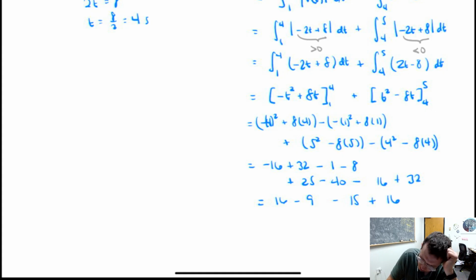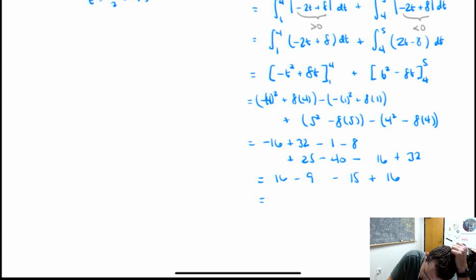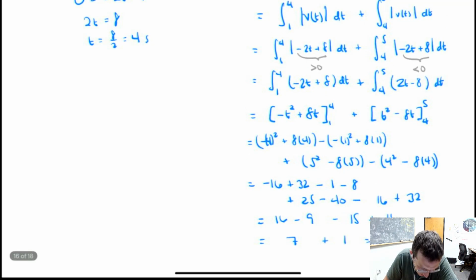Minus 16 plus 32 is 16. 16 minus 9 is 7. Minus 15 plus 16 is 1. So we should get 8.